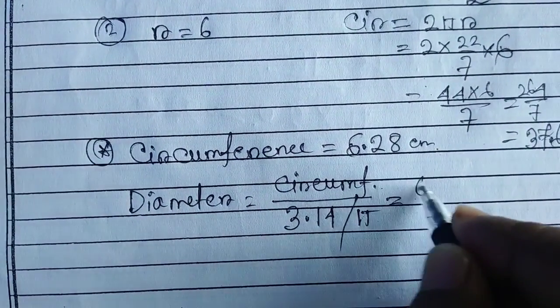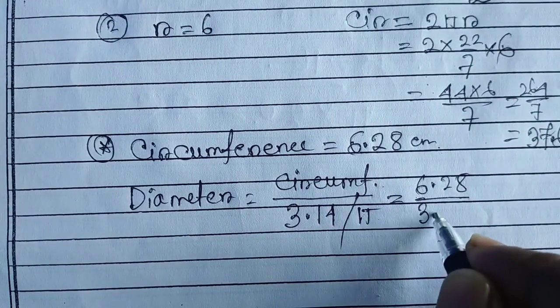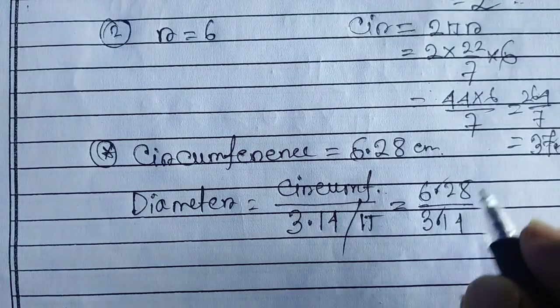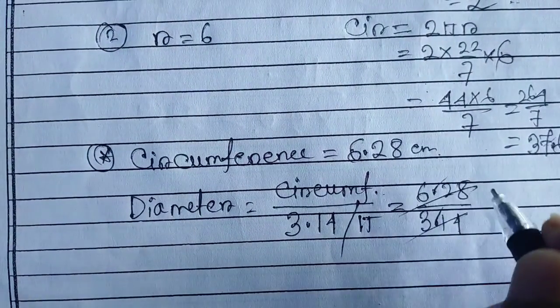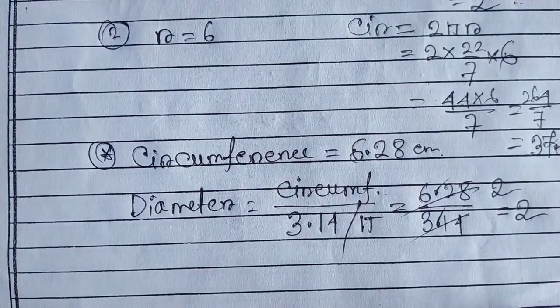So circumference means 6.28 and the value of pi is 3.14. Now just cancelling out the point, and 314 2s are 628. So the diameter will be 2.